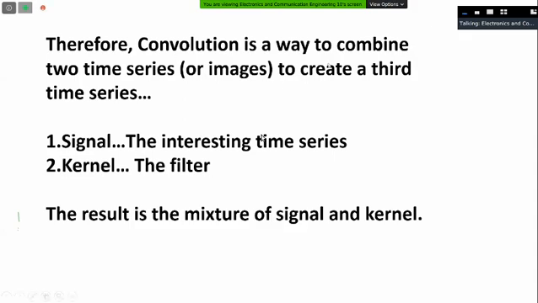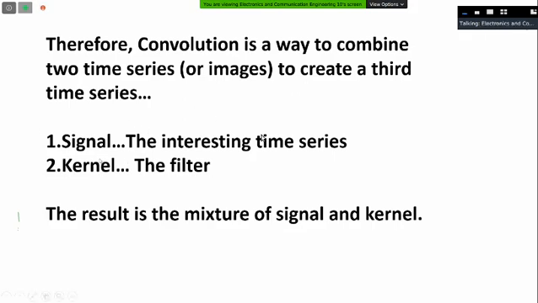Either it can be a one-dimensional time series or it can be images, your 2D time series, to create a third time series. Because in the previous example we saw that there is a combination of two discrete sequences, and the output is also a discrete sequence.